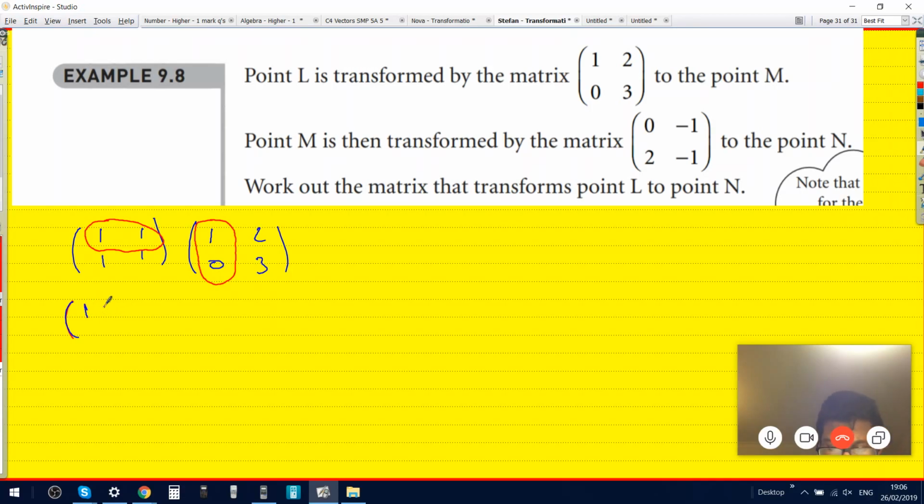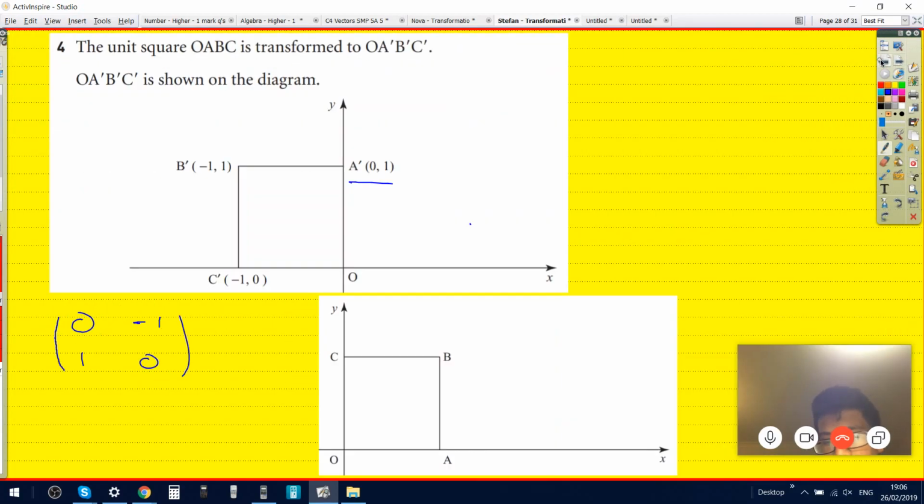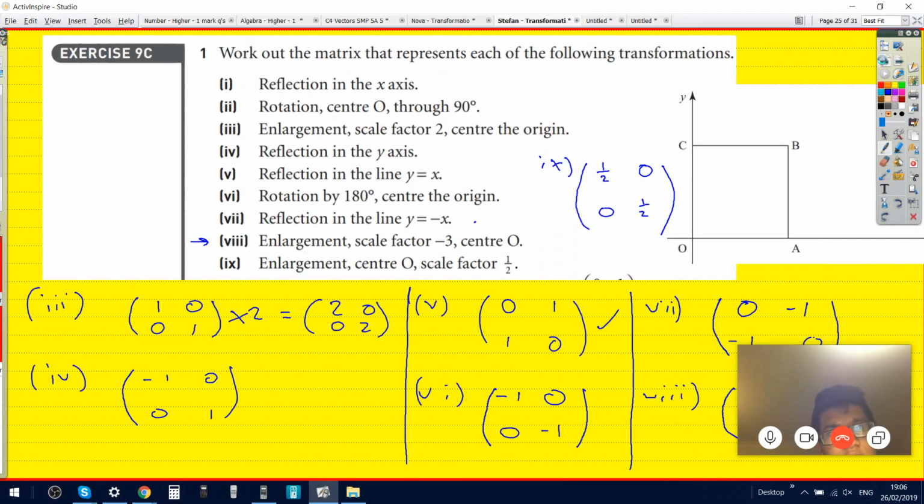I believe it was times each other, wasn't it? 1 times 1. The way I remember we did it was like factorizing brackets, but we'd only do half the operation, because you have 1, 1 in one bracket and then 1, 0. And then you do 1 times 1 plus 1 times 0.